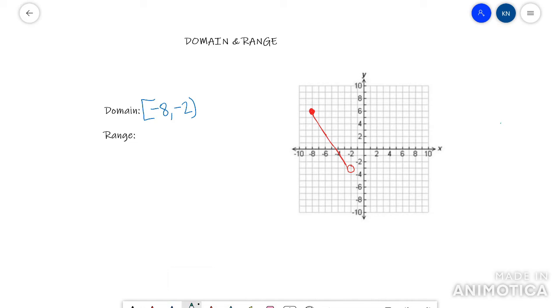For range, it's kind of the opposite. So before you were only looking at these x values. Well, now for range, you're only allowed to look at these y values. And kind of similar with left to right, range is low to high.